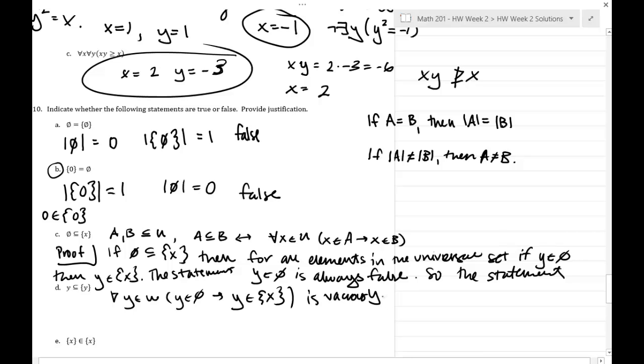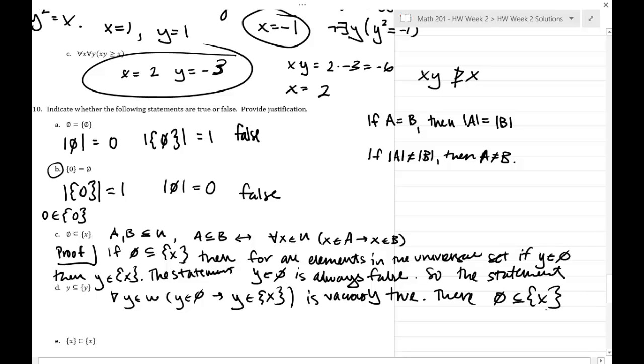This just means that since we have a false hypothesis, our implication is always going to be true. So I can conclude that the overall statement that shows that we've got a subset is true. Therefore, the empty set is a subset of the set containing X.